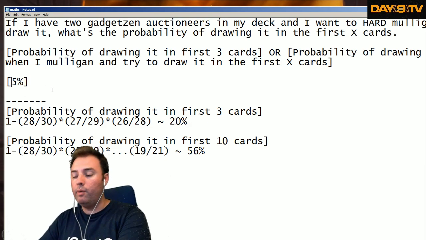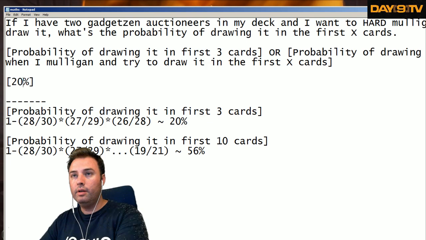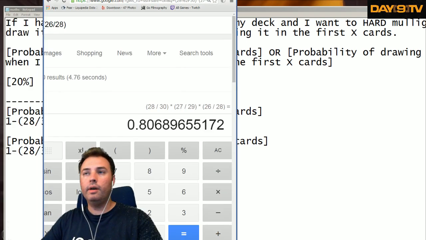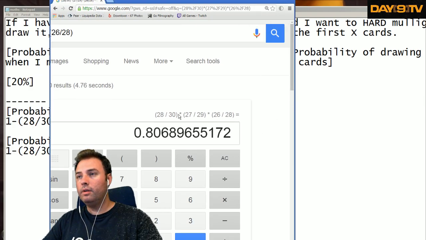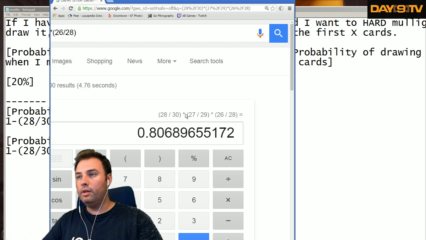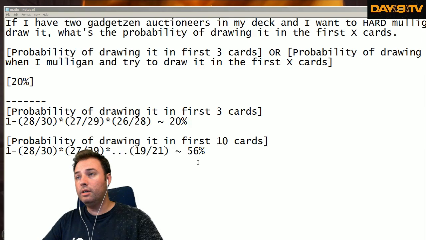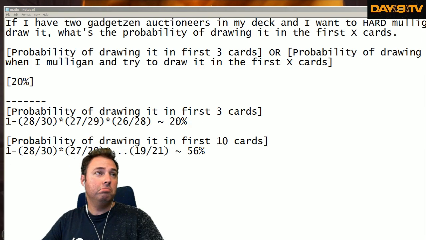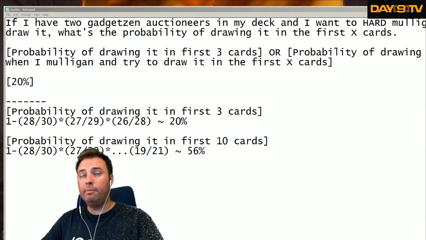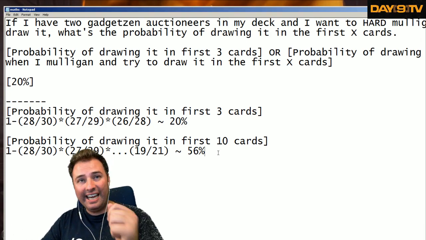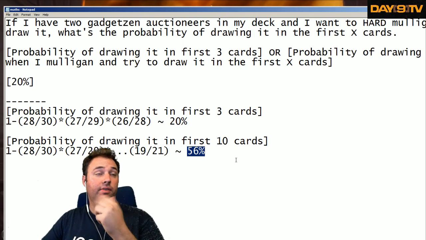I'm just misremembering what math I previously computed. All right. 28 over 30 times 27 over 29 is about 81%. So 100% minus 80% is about 20%, right? Okay, cool. So probability of drawing it in the first 10 cards is 56% of the time.